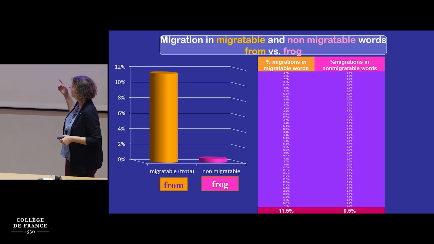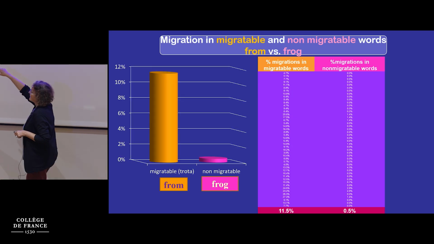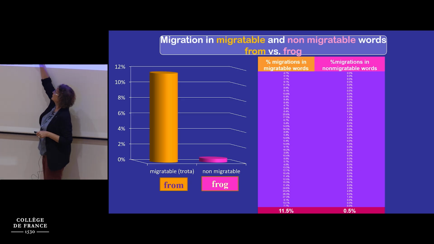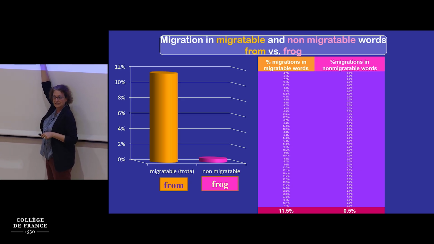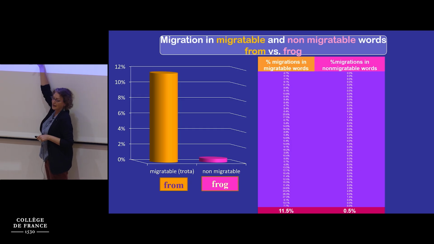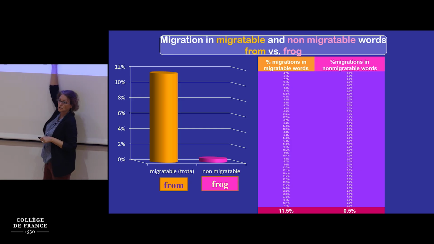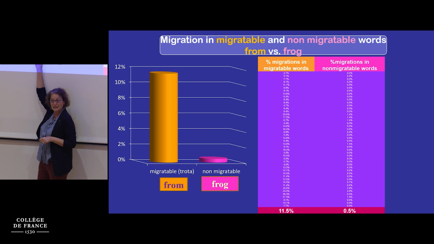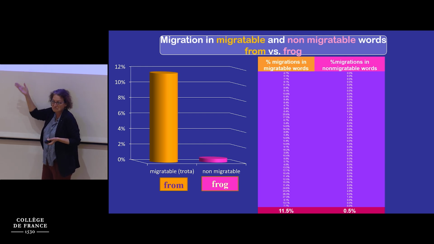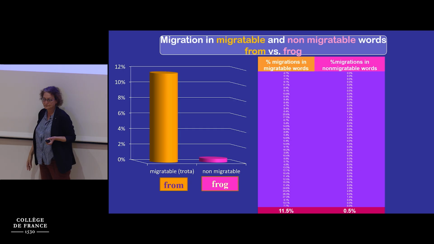What we find is that words like from, where letter position errors create another existing word, form, are susceptible to letter position errors much more than words like frog, because if you change the order of the letters in frog, you don't get an existing word.